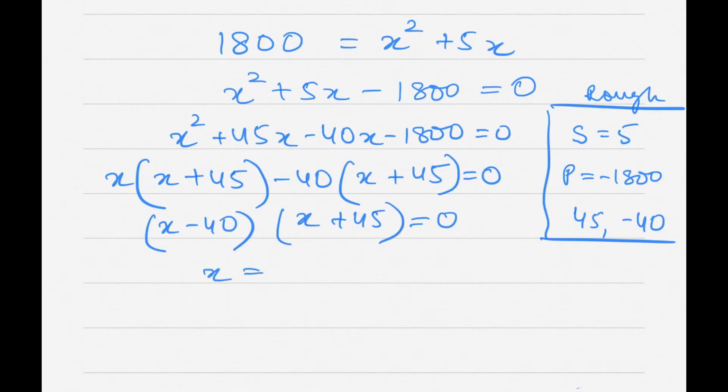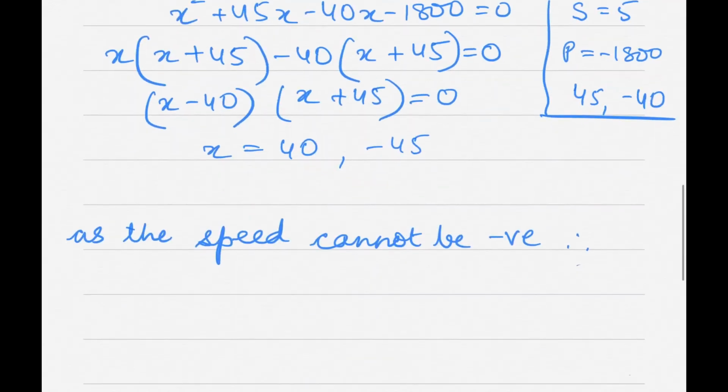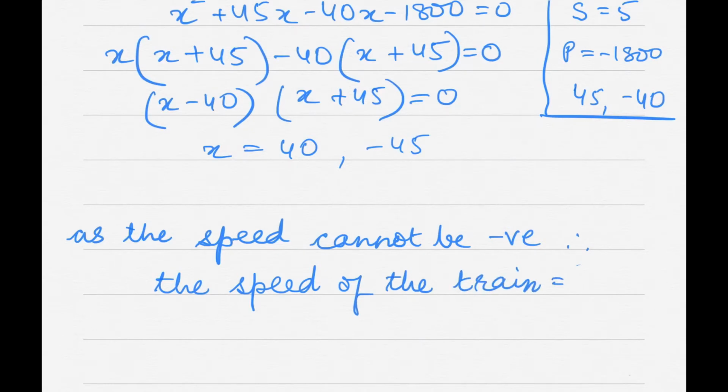So therefore x would be equal to 40 or it is equal to minus 45. But we know that the speed can't be negative, so as the speed cannot be negative, therefore the speed of the train is equal to 40 kilometer per hour.